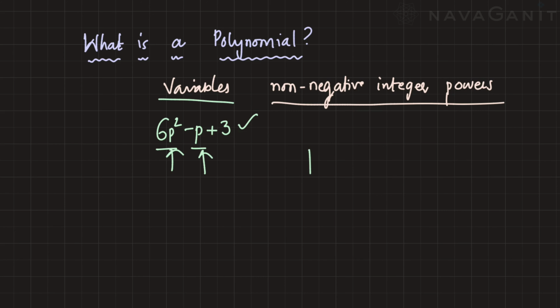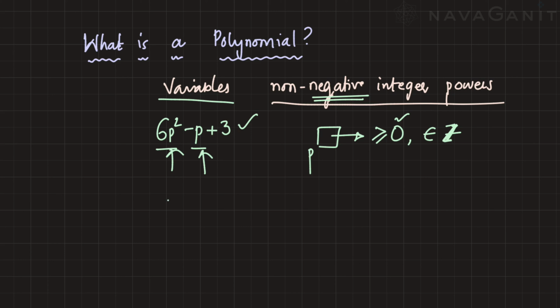So if we have p to the power of something, this has to be greater than or equal to 0 because it has to be non-negative. That means it can be 0 or it can be greater than 0. So it is greater than or equal to 0 and it should be an integer. So it should belong to the set of integers.